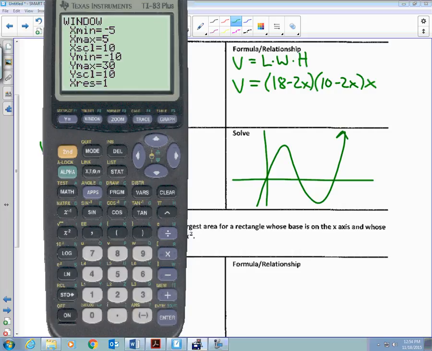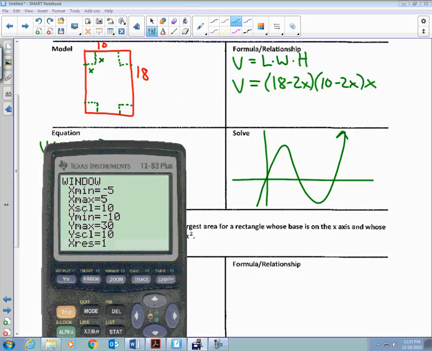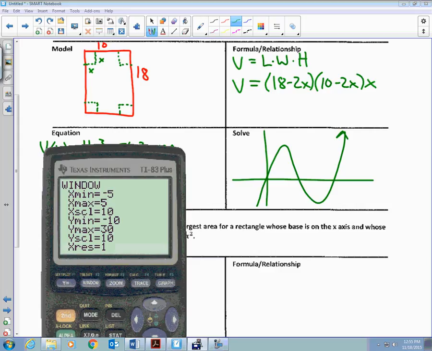I better go to the window because we'll graph this and it won't even look right. You'll be wondering, what am I looking at? We talked about this yesterday. We need to find a reasonable window. Think about it, folks. If you're cutting x units off, what's the biggest x value that you could have? How about 5? If I cut 5 off from each side here, that whole side would be gone, wouldn't it?